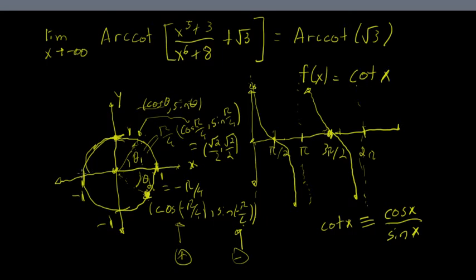So very close to theta equals pi, you will have cosine of something very close to -1, but a bit smaller in magnitude, and sine of something that's positive but a very tiny fraction.